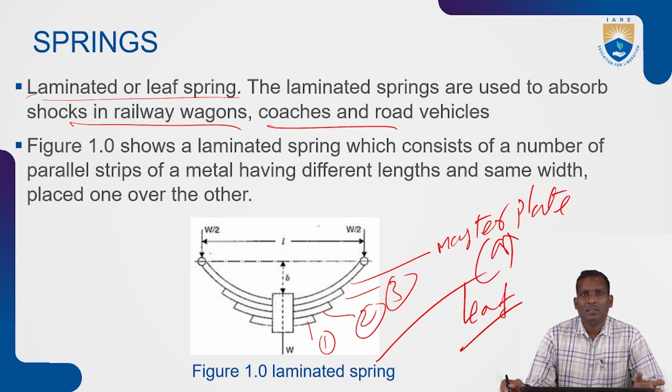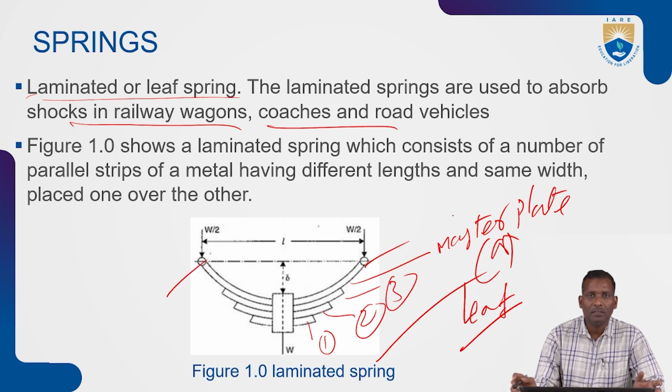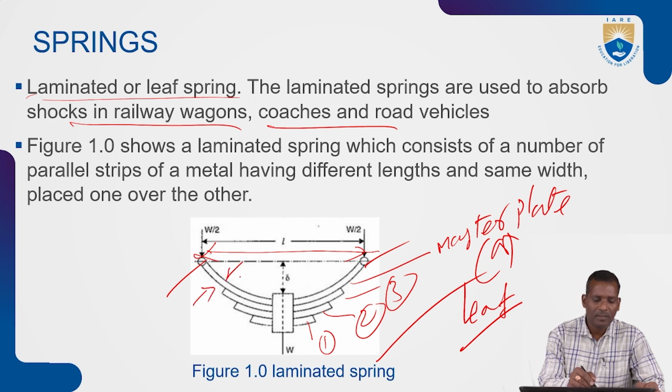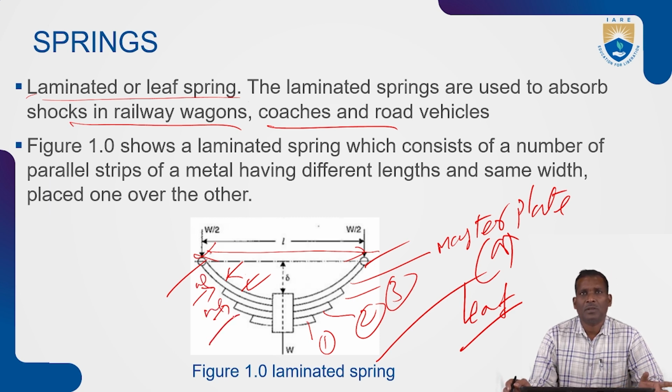These two are fixed, the length of the laminated plate is L, and the width is the same. So metal strips of different lengths are laminated one over the other, and these types of springs are called laminated springs.